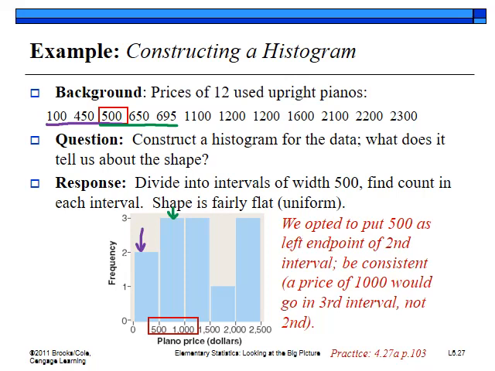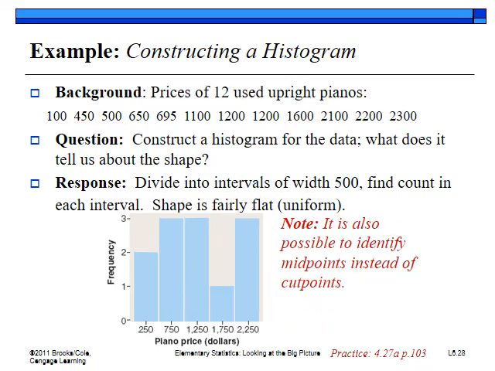If you include the left endpoint in the first interval, you should include the left endpoint in all of your others. It's not unusual when you're creating a histogram, instead of noting the endpoints of the interval, as I'm indicating with the arrows here, to indicate the midpoint of each interval. Again, that's a matter of personal preference and taste.